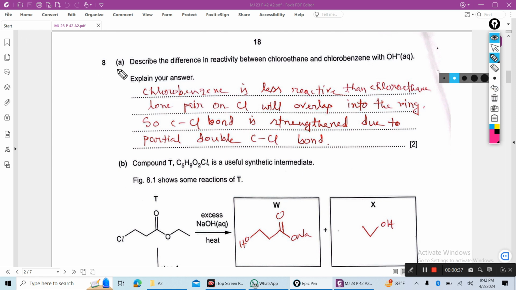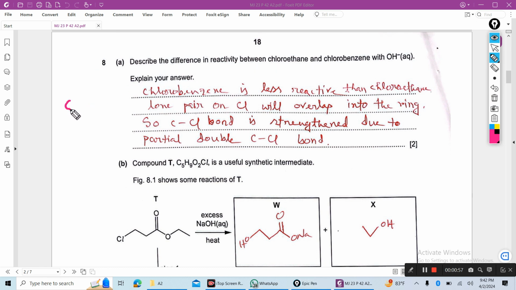Question number 8. a. Describe the difference in reactivity between chloroethane and chlorobenzene with aqueous hydroxide ion. Explain your answer.